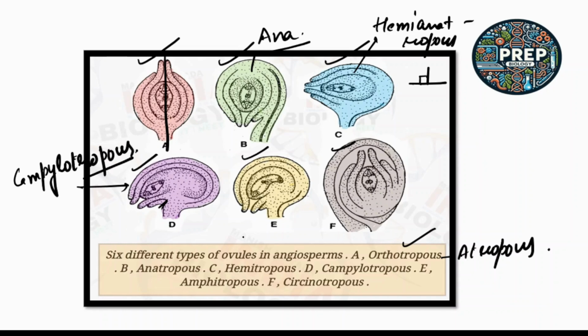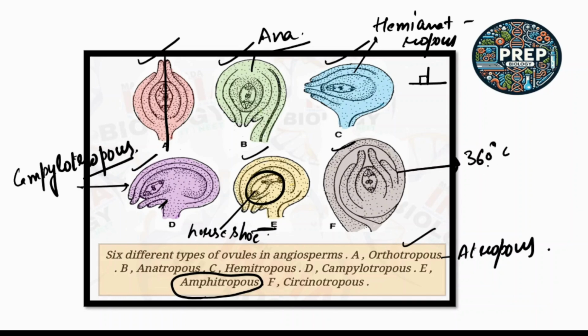Now, the next type, where the embryo sac is horseshoe shaped, is called amphitropous. And the last one forms a circle: the funicle forms a circle and rotates 360 degrees. That type is circinotropous.